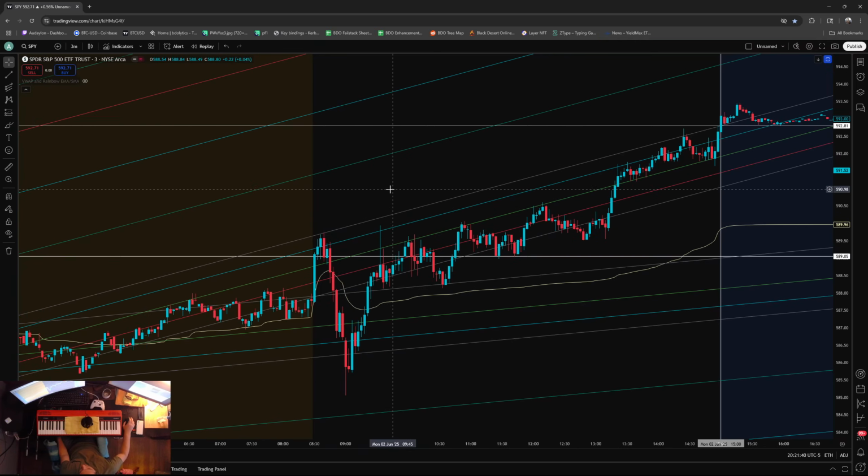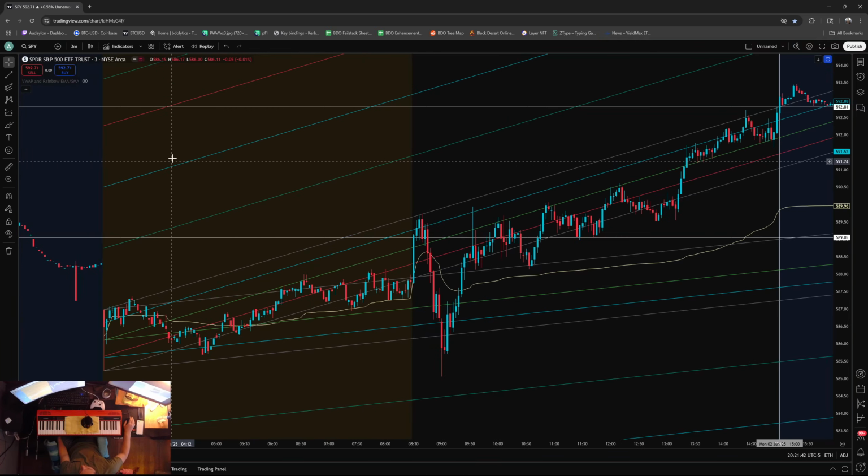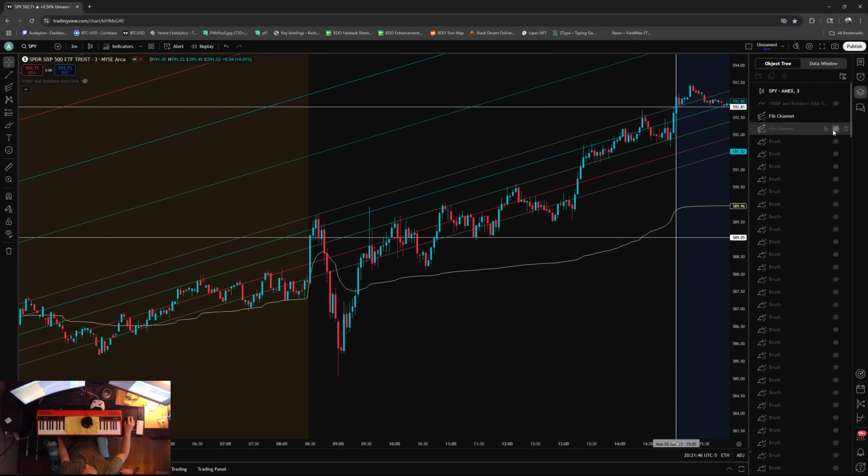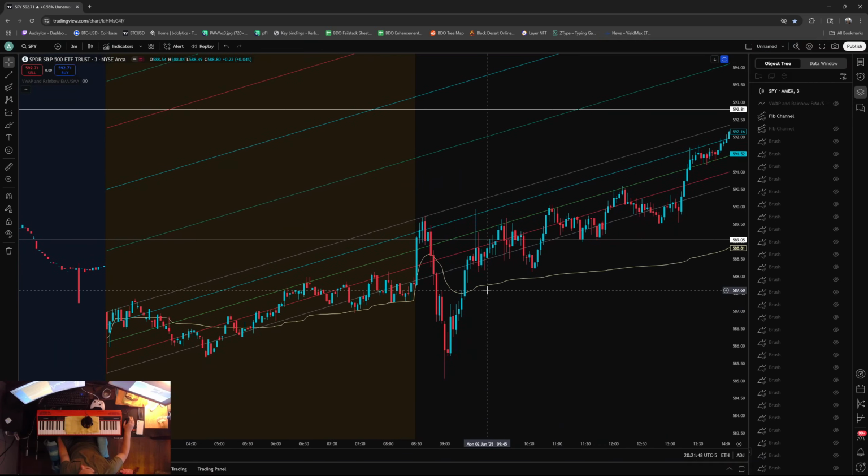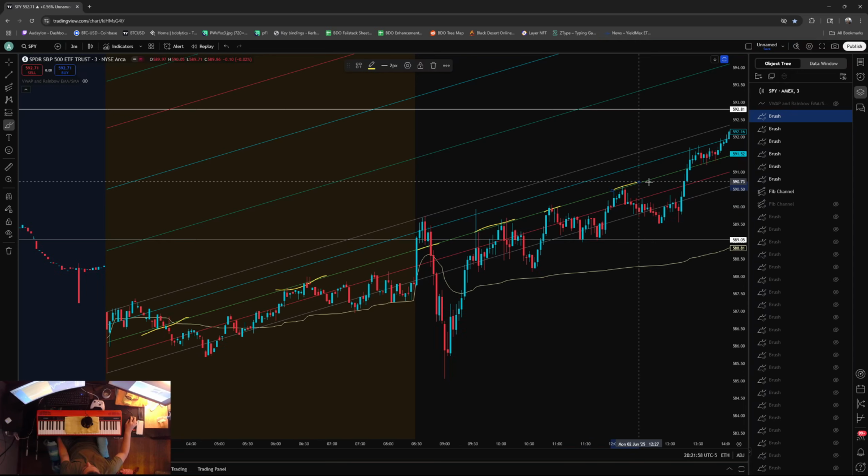For example, the 0.5 line on the upper fib channel, we will turn the lower one off. There we go. So the 0.5 line is the green line here, here, here, here, here, here, here.